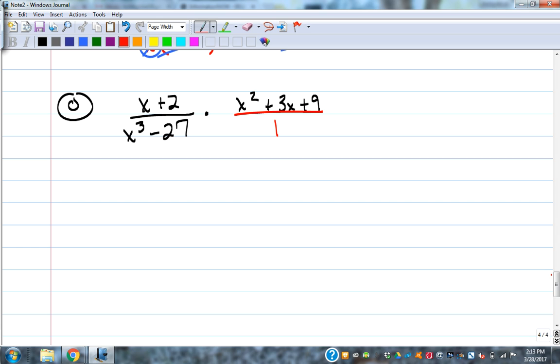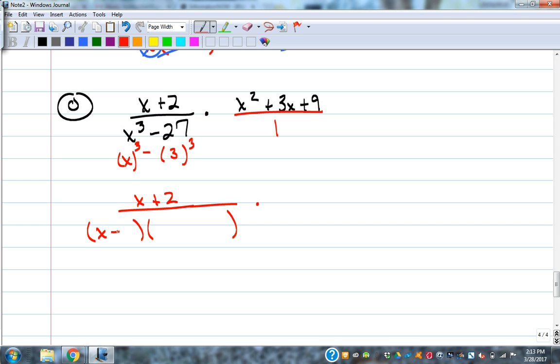Well, we remember how to factor a difference of cubes, hopefully. How do we factor a difference of cubes when it's x cubed minus 3 cubed? I know this x plus 2 doesn't factor at all, but what are the factors for that difference of cubes?